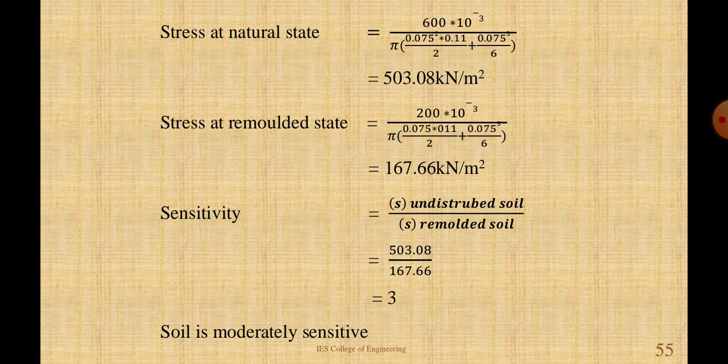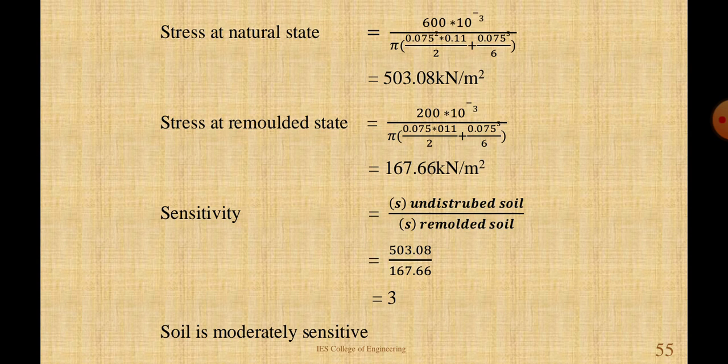Therefore, stress at natural state is equal to 600 into 10 raised to minus 3 divided by pi into 0.075 square into 0.11 divided by 2 plus 0.075 cube divided by 6, that is equal to 503.08 kilonewton per meter square. Stress at remolded state is equal to 200 into 10 raised to minus 3 divided by pi into 0.075 square into 0.11 divided by 2 plus 0.075 whole cube divided by 6, that is equal to 167.66 kilonewton per meter square.